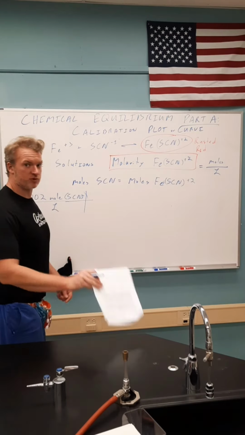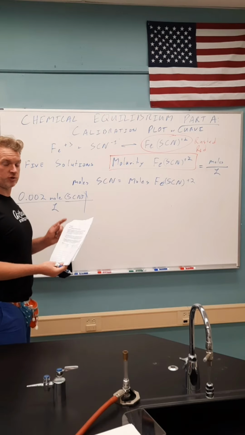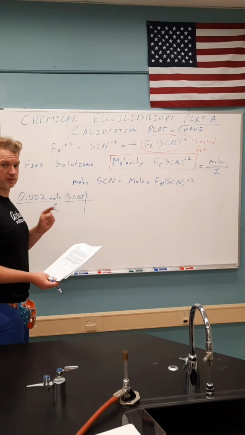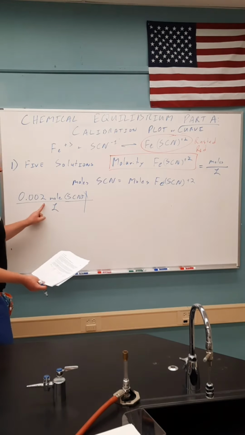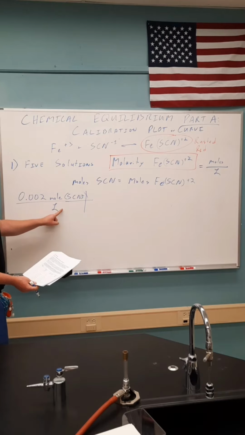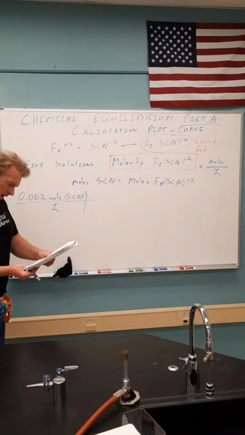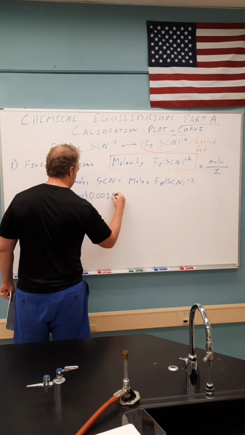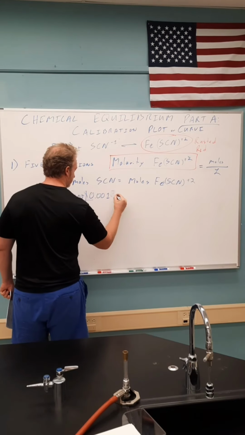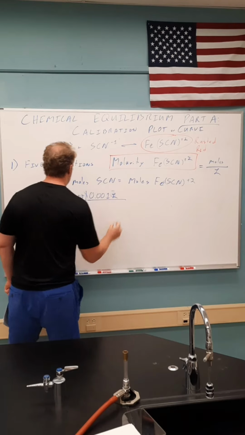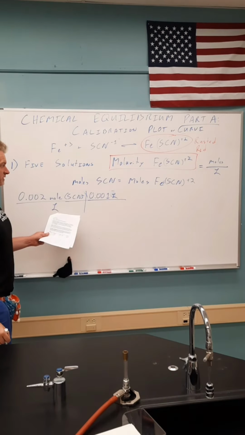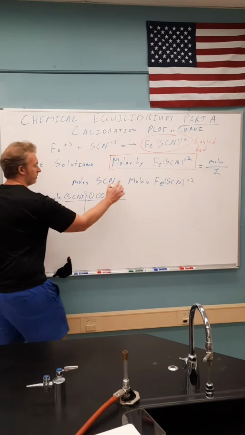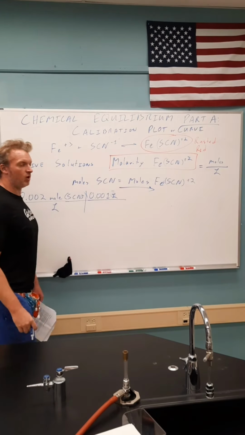This is the molarity that's written on the handout, but again, make sure you use the numbers from the bottle you use in lab that day. This is the molarity of the bottle, moles per liter. We used 1 milliliter of it. This will give us the moles of SCN, and because of this, we will immediately know the moles of iron.